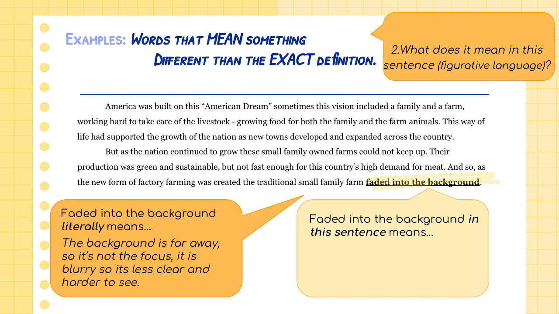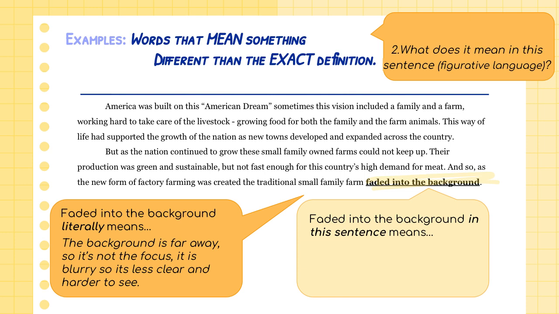So the clues I put together, first just focusing on that phrase, faded into the background: if something's in the background, it's far away, not really the focus of the picture. And if it's faded, it's blurry, less clear, harder to see. Those are some ideas and explanations to help me understand this phrase by itself.